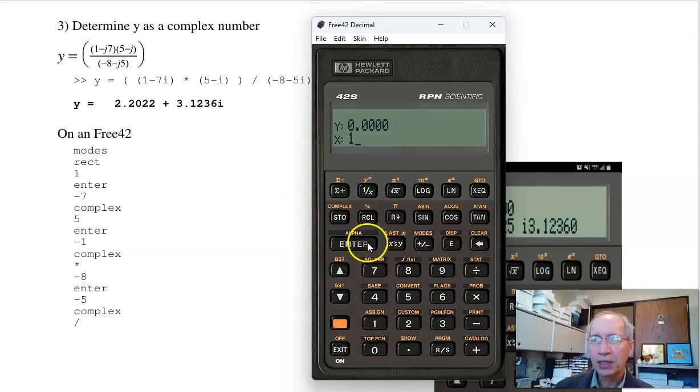So on HP, that'd be 1, enter -7. First complex number. 5, enter -1. These are set up on the stack. I can now multiply. -8 minus 5i. Now this is the numerator, denominator, take the ratio. There's your answer.